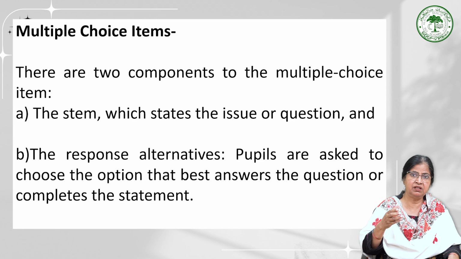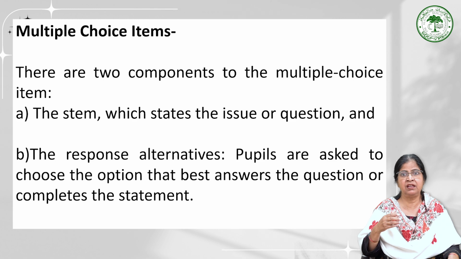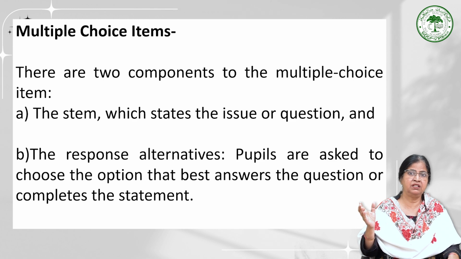It may be simple test items, slightly higher, and then the highest learning skills, because we want to check all kinds of skills of the students, from knowledge to the last objective, that is evaluation and creation. So, framing objective type test items needs carefulness and precautions, to make the test more perfect and balanced.